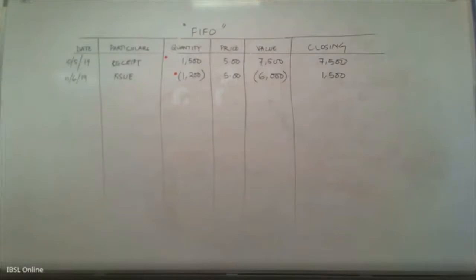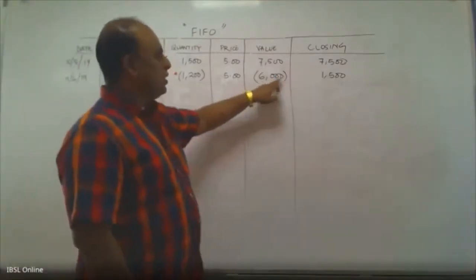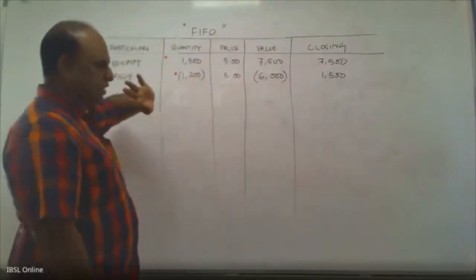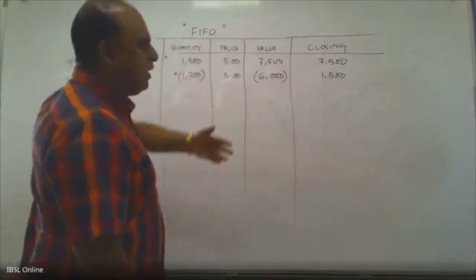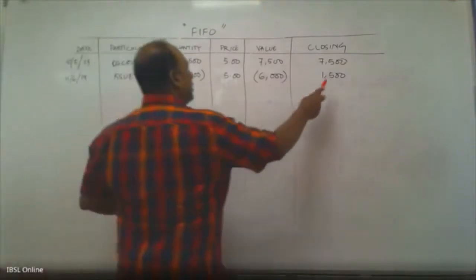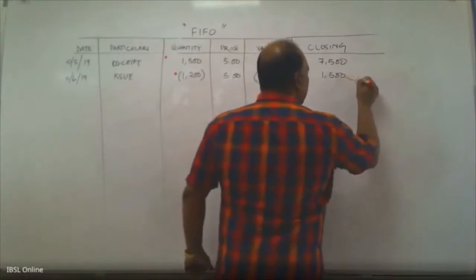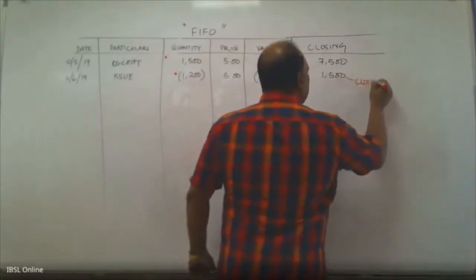No. We know that it is 7,500 minus 6,000 is 1,500. I'm not asking that. Is there any other way that you can look at this 1,500? This is the closing value of stock. Closing value of stock, right? I'm just writing here closing value of stock.